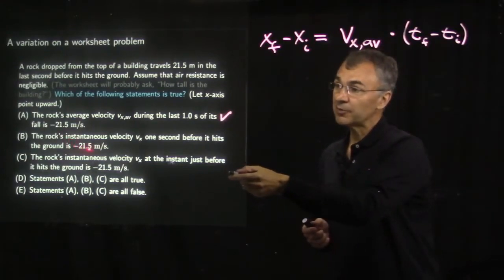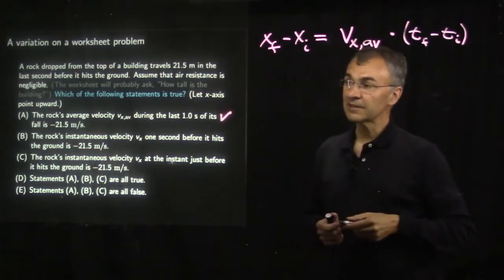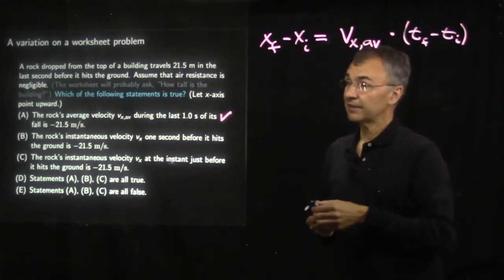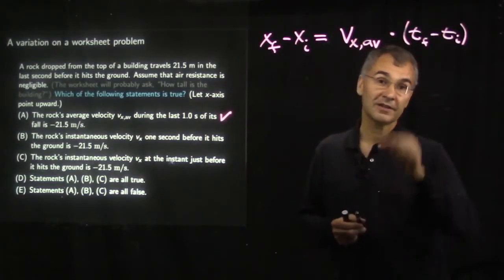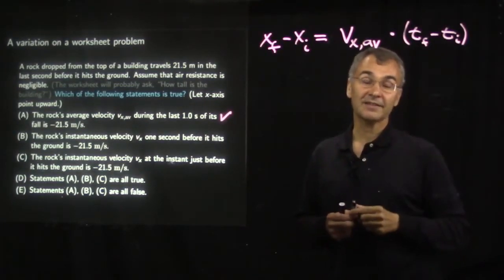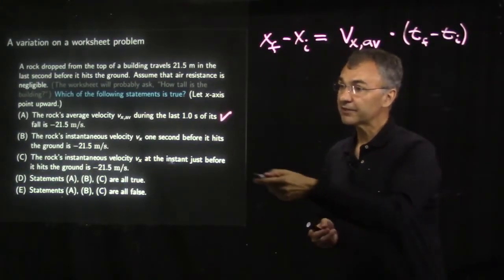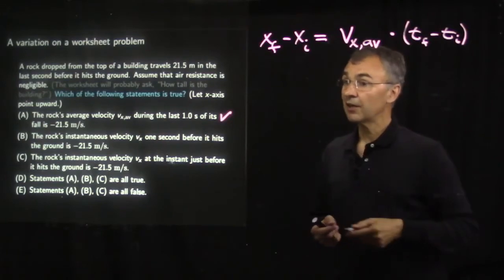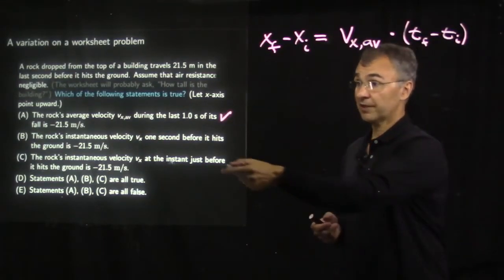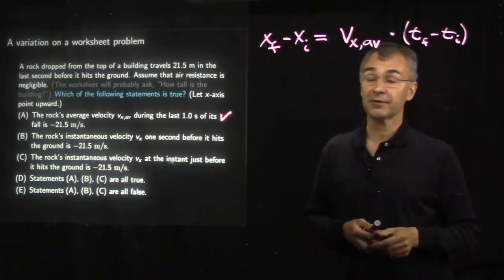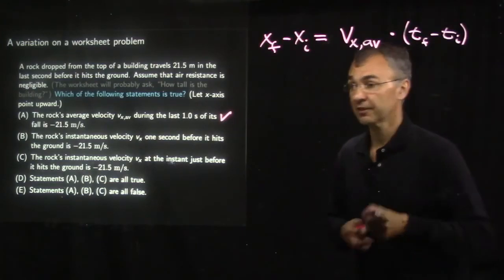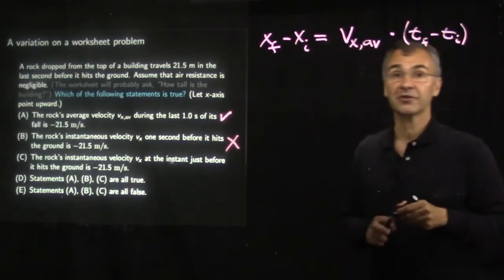That means it must have been falling a little bit less quickly 1 second before it hits the ground, and a little bit more quickly than that the instant that it does hit the ground. I guess it might turn out that its instantaneous velocity 1/2 second before it hits the ground is minus 21.5 meters per second. But it's certainly not true 1 second before it hits the ground. So I think that is a false statement. You could think about why that's true.